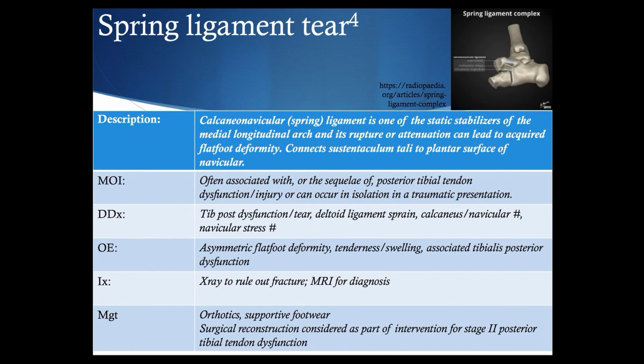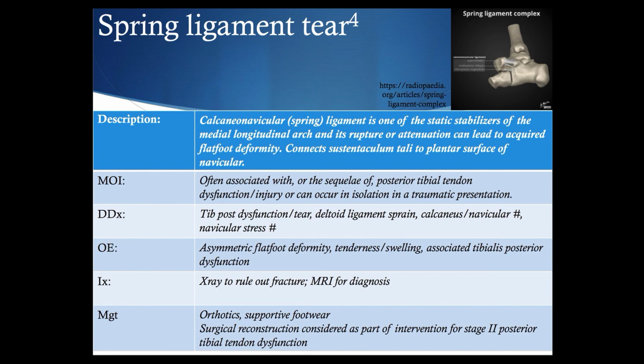Sprain ligament tear, moving to the medial aspect of the hindfoot as well, the calcaneonavicular ligament in particular, and certainly important for stability and contour of the medial longitudinal arch, and is one of the static stabilizers of such. And this can, if disrupted, lead to an acquired flat foot deformity, an important point to remember.